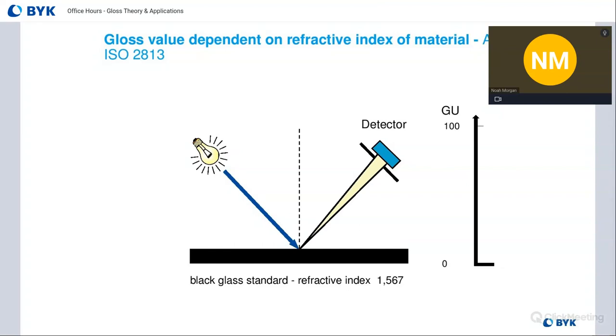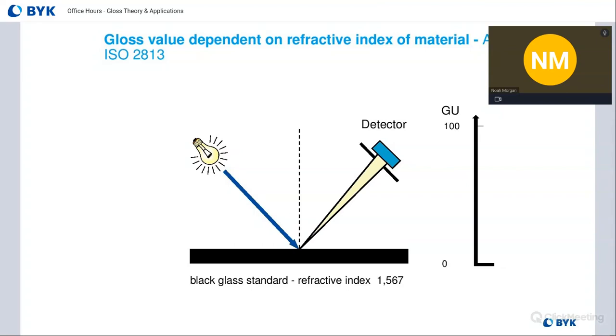So gloss value is dependent on the refractive index of the material. What this means is that when the first gloss meter was being created, you had a black glass standard, and this black glass standard had a refractive index of 1.567. The refractive index is another way of describing how much light is absorbed by that sample.